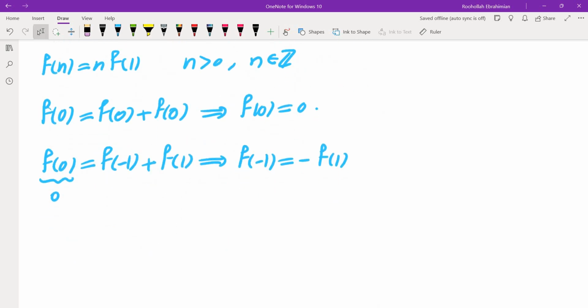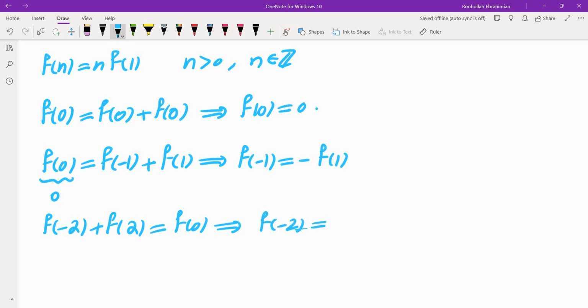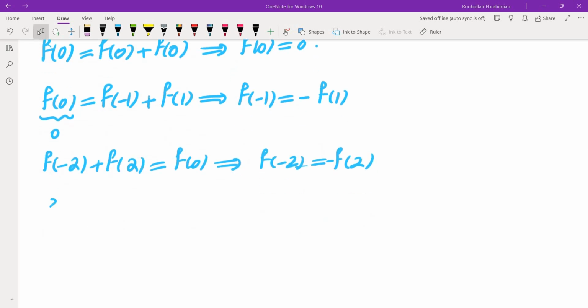How about f of negative 2? Well, we can do the same thing again. f of negative 2 plus f of 2 would be f of 0, and from here you can get f of negative 2 is negative f of 2. In fact, if you have f of positive numbers, you can get f of all negative numbers. In other words, f of x plus f of negative x is going to be f of 0, which is 0.